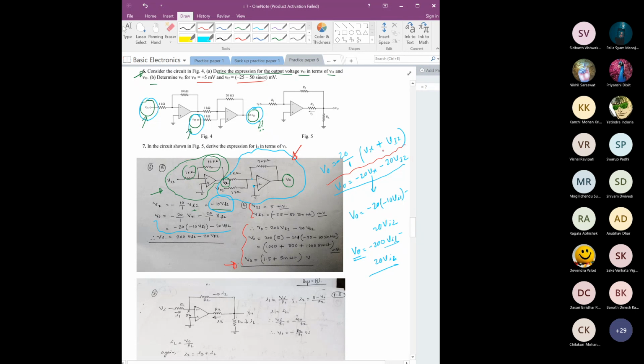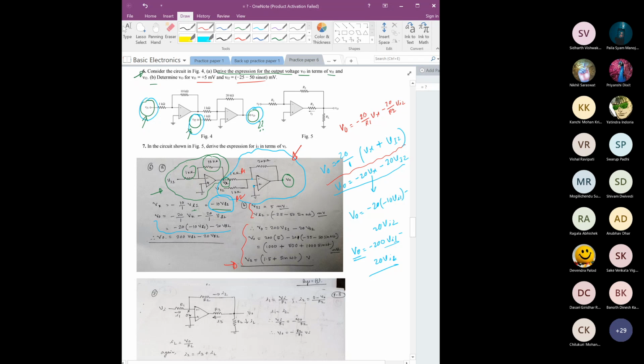And sir, what if the resistances in the Vx and Vi2 lines are different? Then you know that answer. If this is R1 and this is R2, then it will be minus 20 by R1 Vx minus 20 by R2 Vi2. Okay, sir.